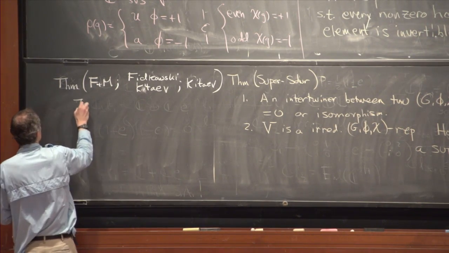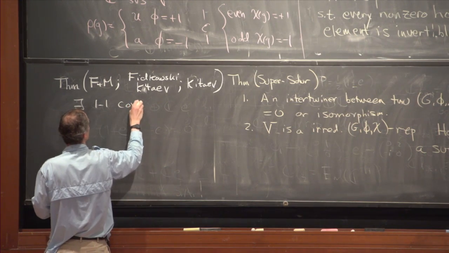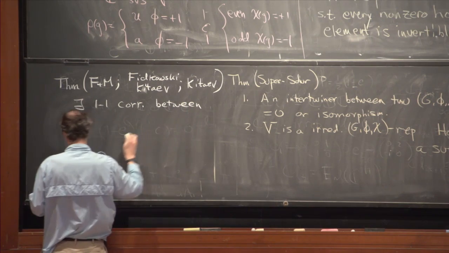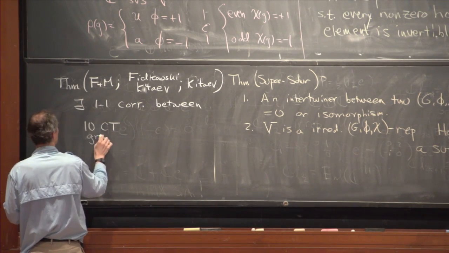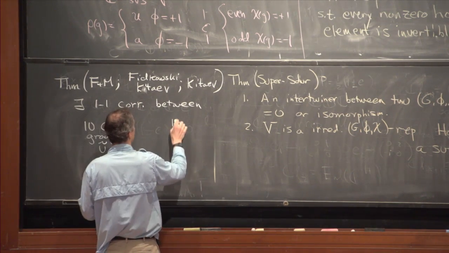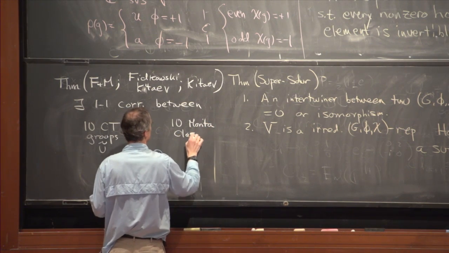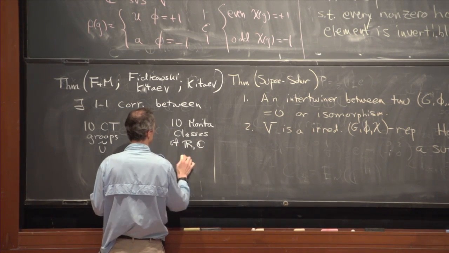And it says that there exists a 1-1 correspondence between the 10 CT groups, call them U tilde, and the 10 Morita classes of real and complex Clifford algebras.